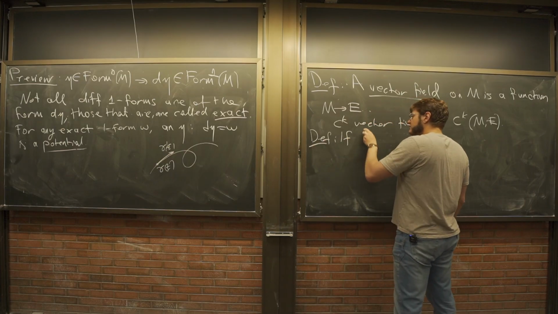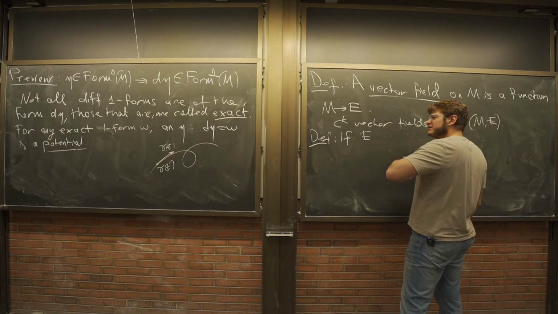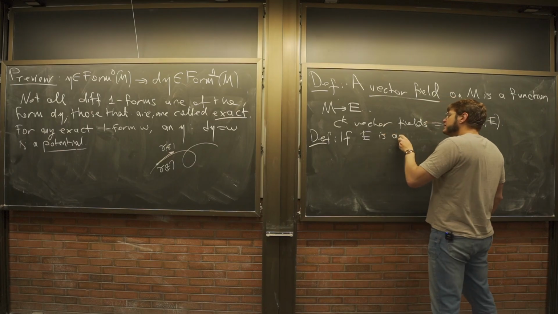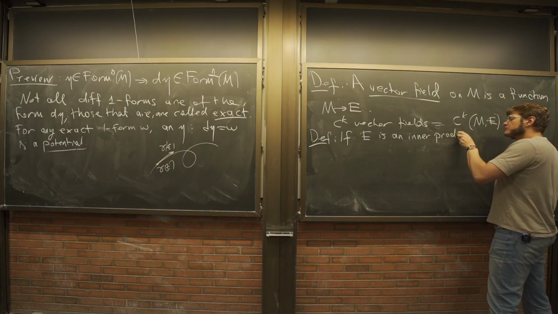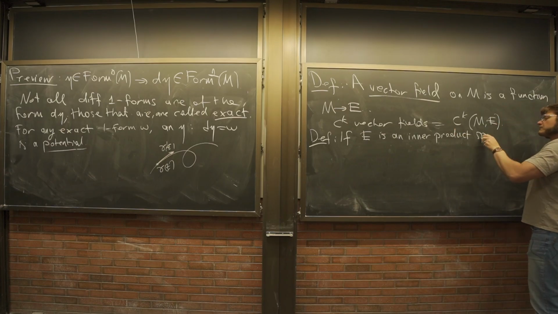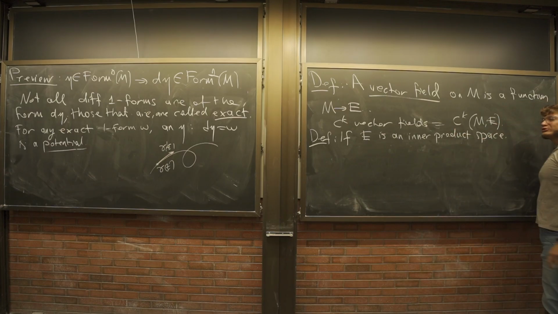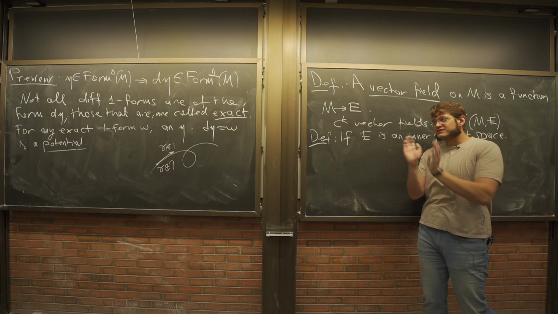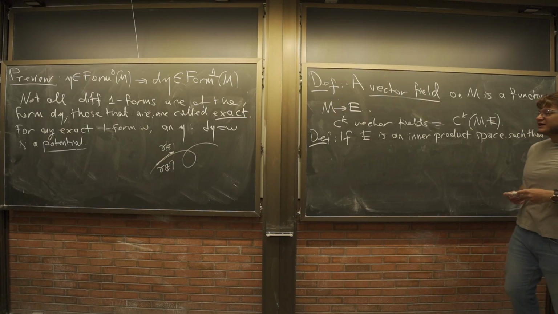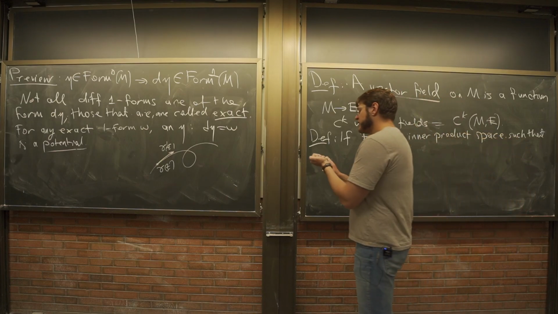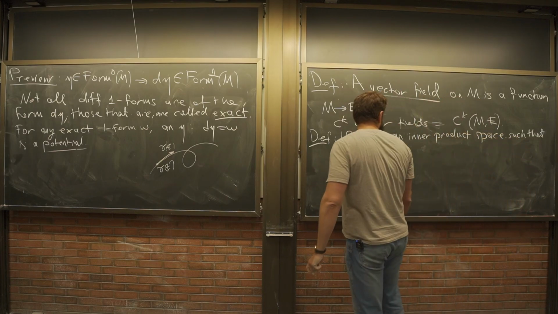If E, the input vector space, is an inner product space, so not only do I have a magnitude, but in fact I can talk about angles now, but I need a certain property such that the inner product satisfies the following property.